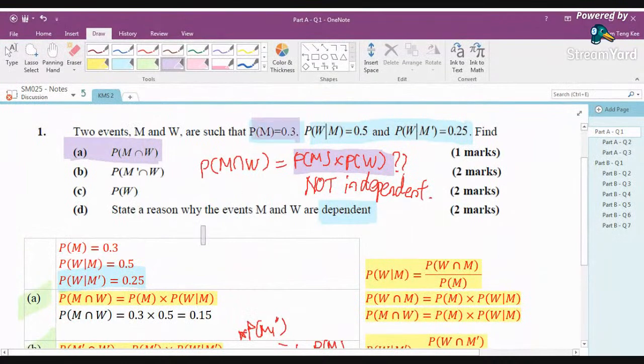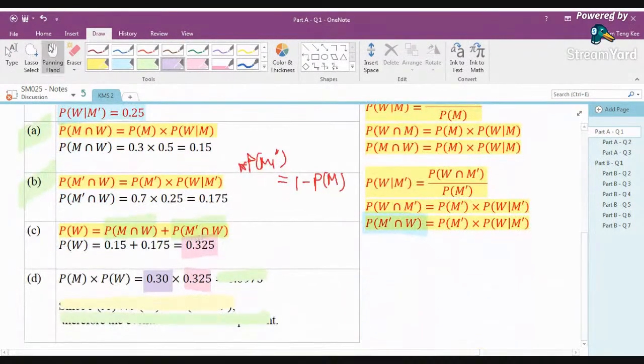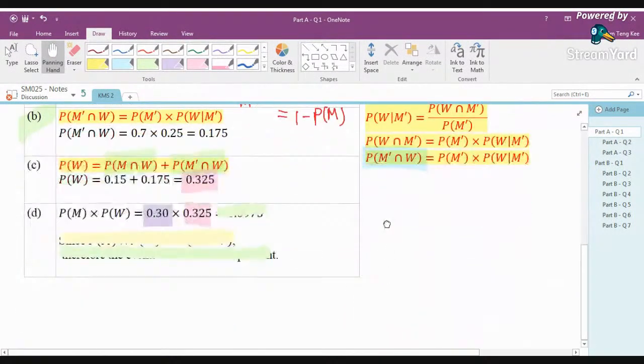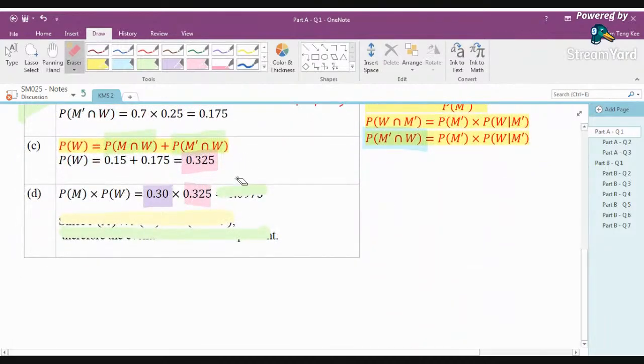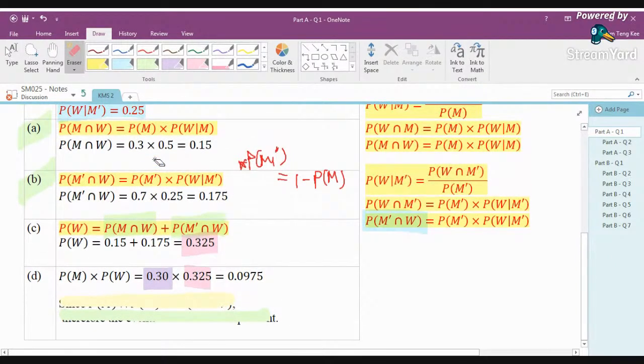And when we press the calculator for the answer, you find out that the product will give us 0.0975.